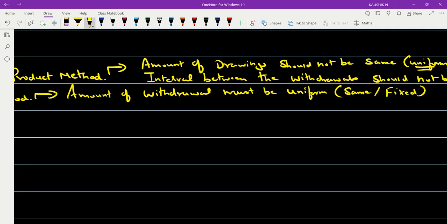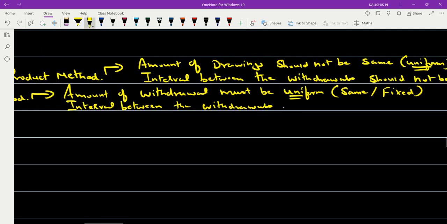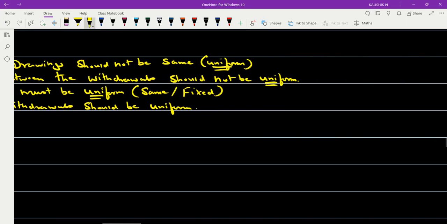So uniform can otherwise be represented as the same value you're withdrawing, and it is a fixed amount. The second one is the interval between the withdrawals should be uniform. That means you have to maintain the consistency.